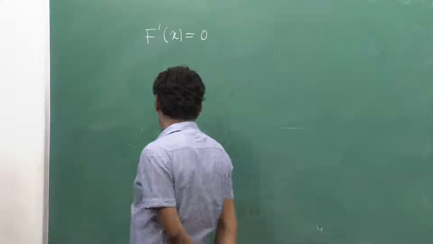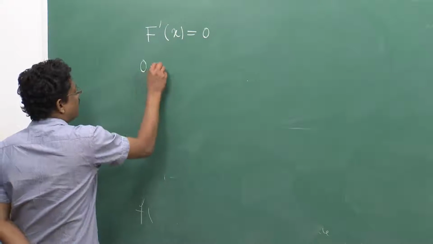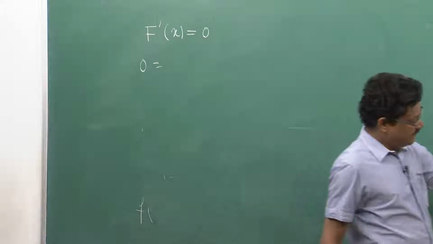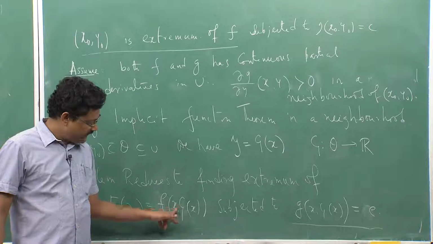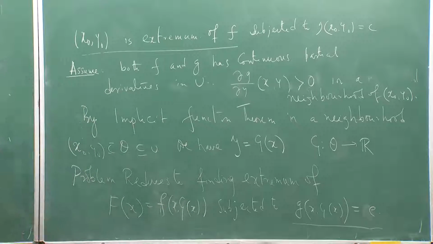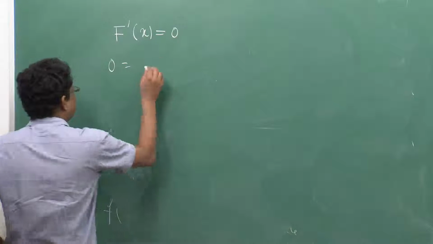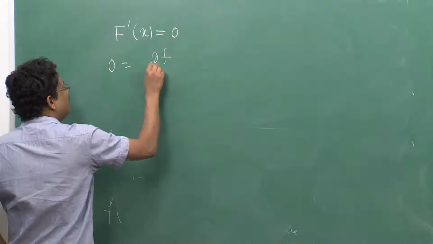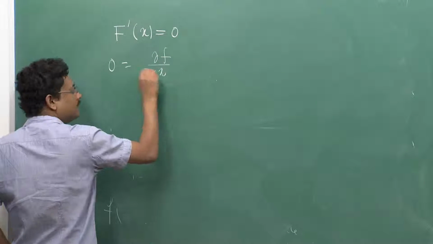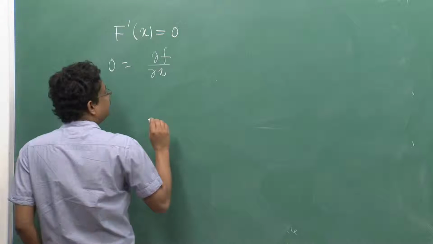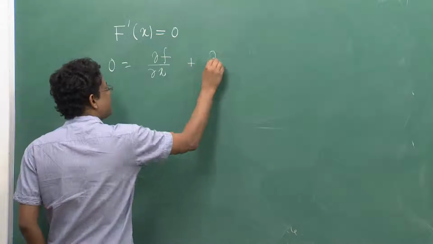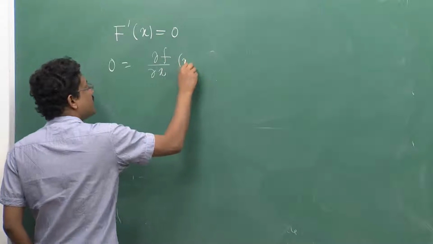But what is F prime x? F is little f of x, g(x). So, if I apply the chain rule, I will get ∂f/∂x plus ∂f/∂y g prime x equal to 0, at the point x naught, y naught that I am trying to locate.